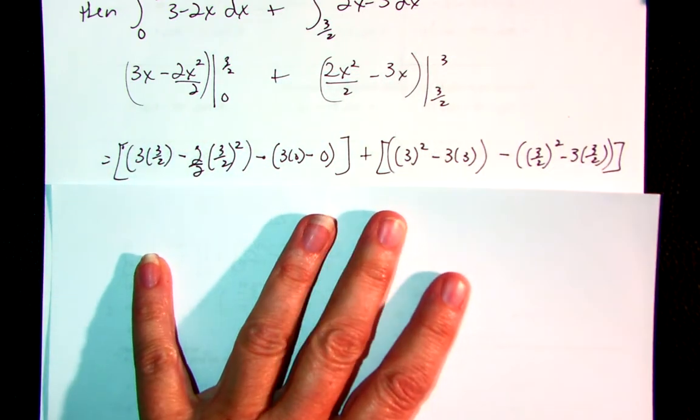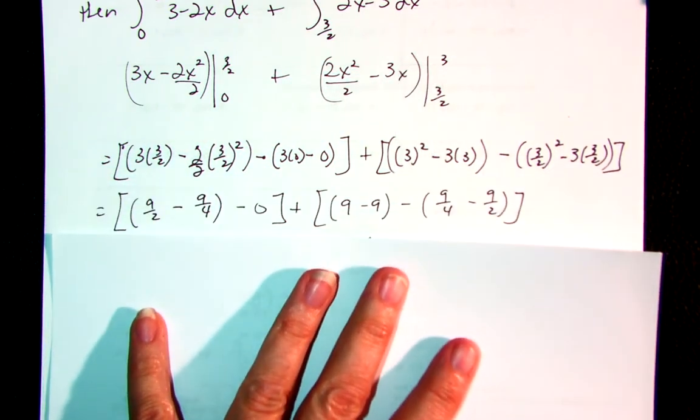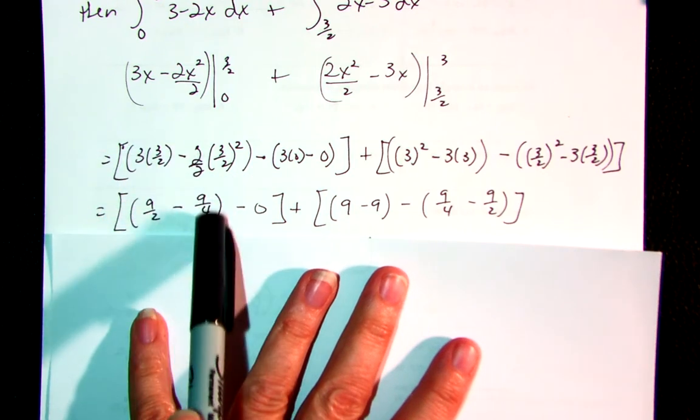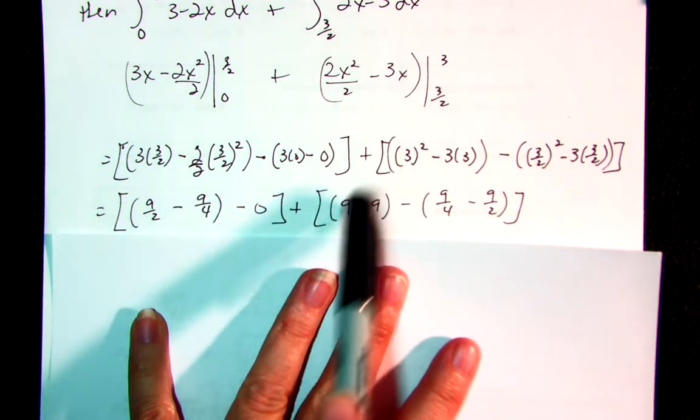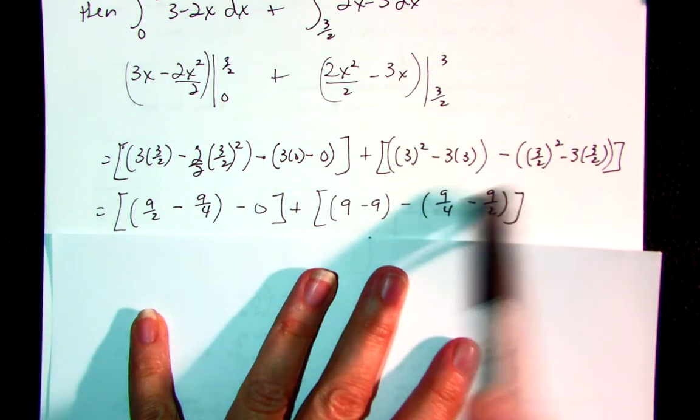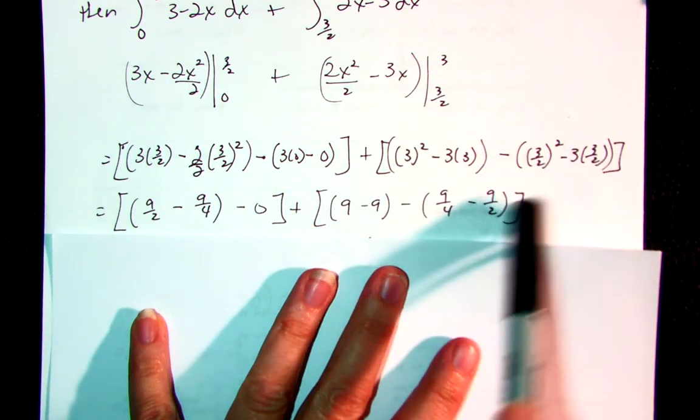I continue to simplify. That's 9/2. That's 9/4 minus 0, plus, keep it really straight, 9 minus 9 minus, that's 9/4 minus 9/2.